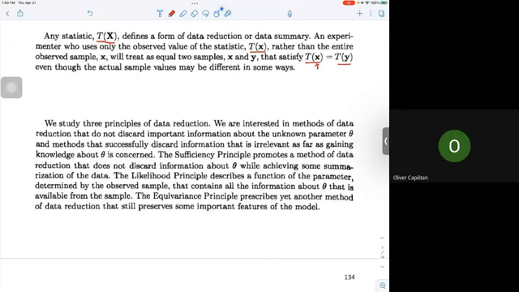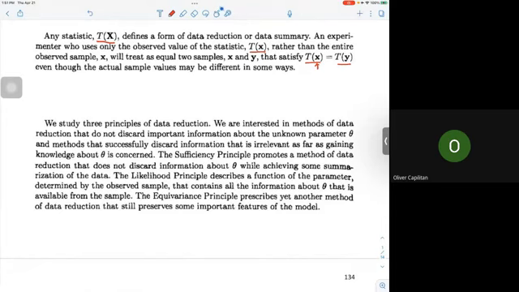Okay, so we study three principles of data reduction. We are interested in the methods of data reduction. What are these data reductions? Data reduction that do not discard important information about the unknown parameter theta, and methods that successfully discard information that is irrelevant as far as gaining the knowledge of theta is concerned.